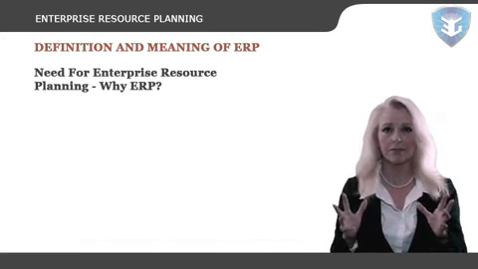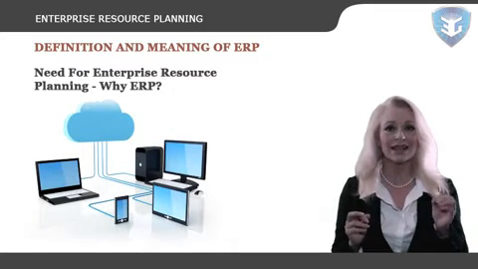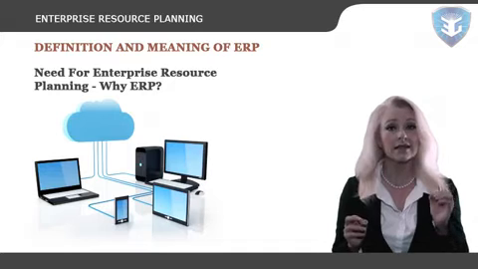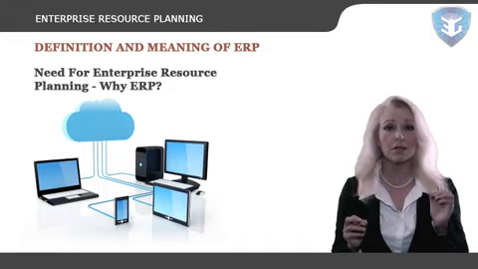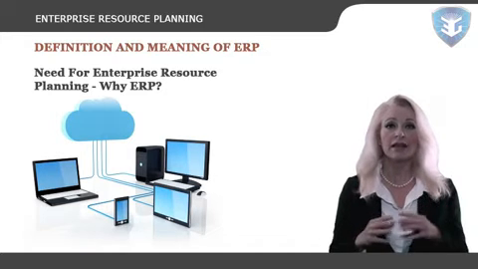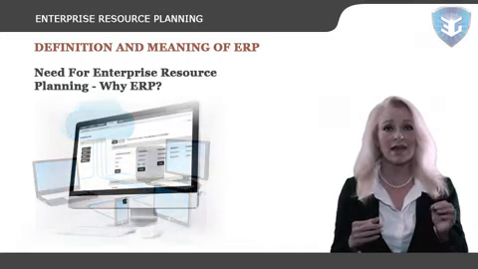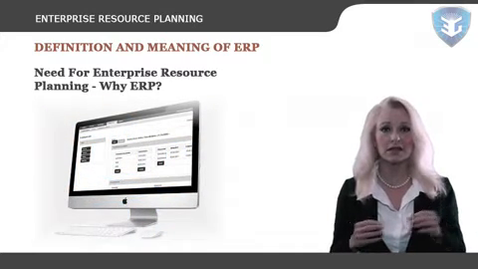Need for enterprise resource planning. Why ERP? Separate systems were being maintained during the 1960s and 1970s for traditional business functions like sales and marketing, finance, human resources, manufacturing, and supply chain management.